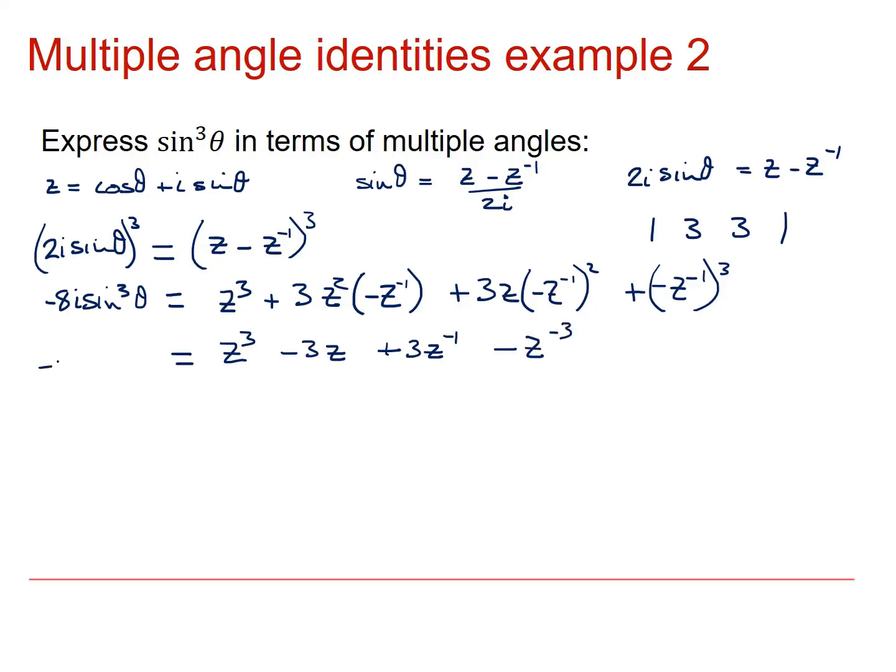And remember, that's still minus 8i sine cubed theta. Well, again, just rearranging this for a second, I get z cubed minus z to the minus 3, and then I'm going to get minus 3 lots of z minus z to the minus 1. And again, I've still got my left-hand side.